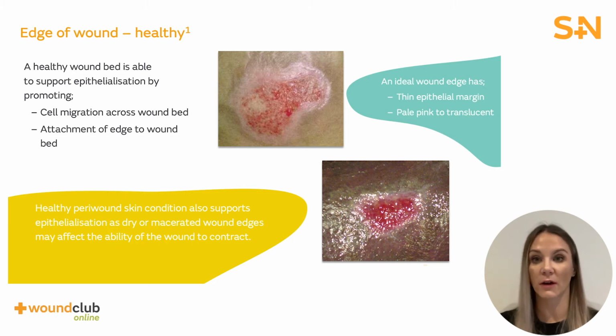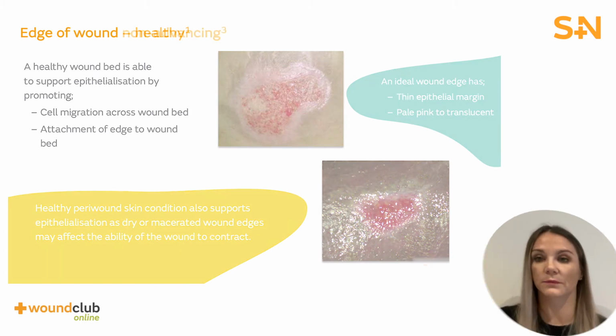Epithelialization needs cell migration over the wound bed so that it can then attach to the edge of the wound. So, as already mentioned, the wound must be well vascularized with granulation tissue, and it's important to regularly assess the wounds according to local policy, as the wound state can change and management interventions will also need to be considered.